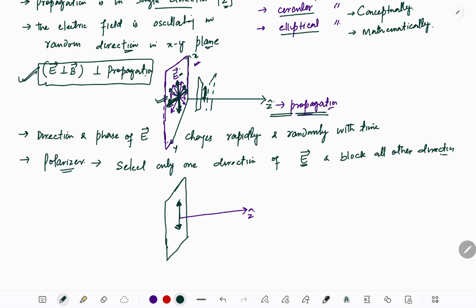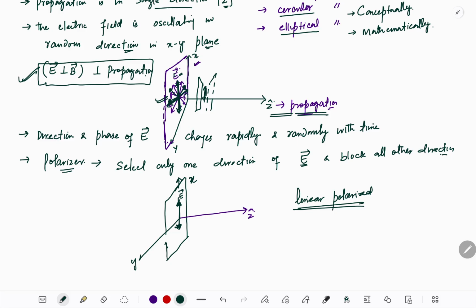This one is the x-axis and this one is the y-axis. So this is the electric field here. We use a polarizer that blocks all the other electric fields in different random directions on the xy plane, but passes only this one along the x-axis. So we call it linearly polarized light. We'll go into the details of the linear polarizer right now.